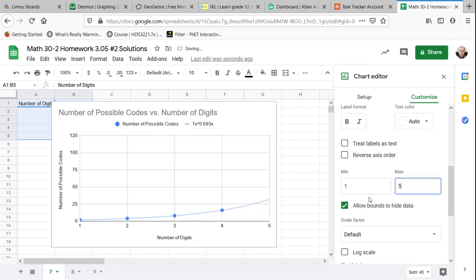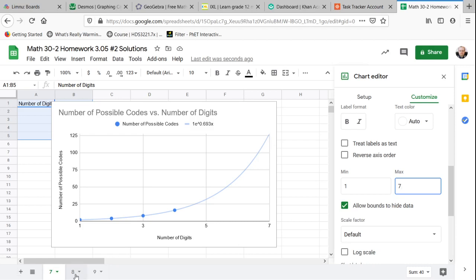We can go to 5, and that's not enough. We can go to 6, 7, and there we go. At 7 digits, we get up to 128. That is the point where we pass 104. 2 to the 7 is the lowest natural number exponent of 2 that is 104 or greater.